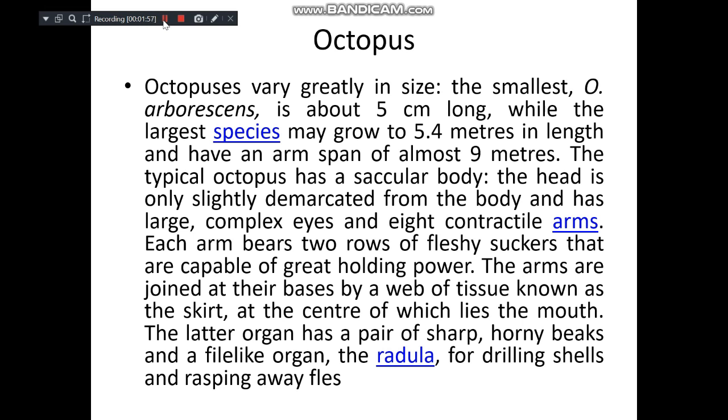If the octopus wants to feed on other molluscans, first it should break open the hard shell. The radula can drill a hole in the shell of other molluscans, and with the help of that, it feeds on them.